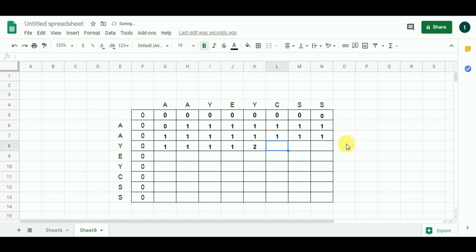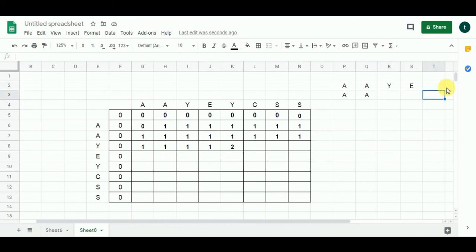Now again, if you are wondering why I did so, let's examine it in detail. So I went back. That means I looked at this subproblem A, Y, E and A. So here, let's say the longest repeating subsequence is 1, okay, and it is 1.